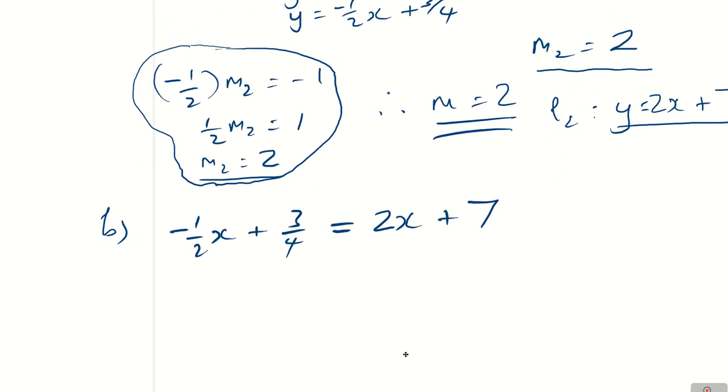So how can we solve this equation? Well, I'll show you one way to solve it.